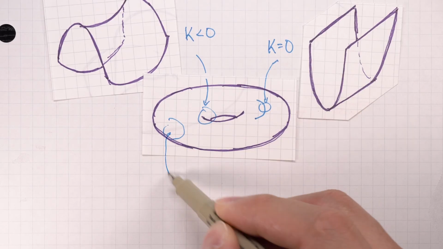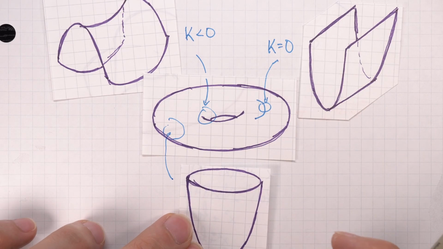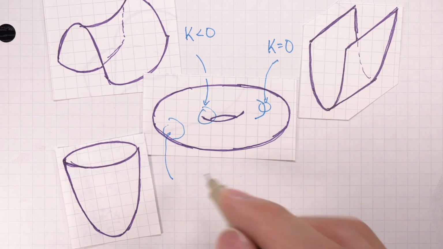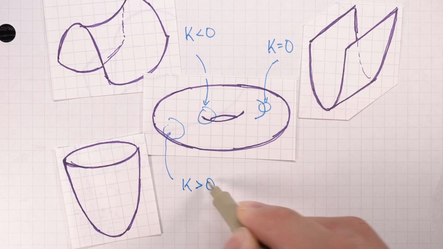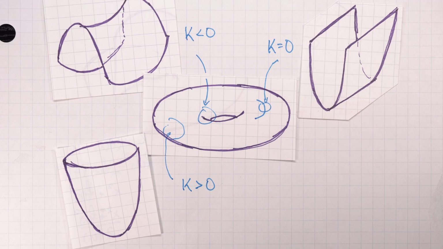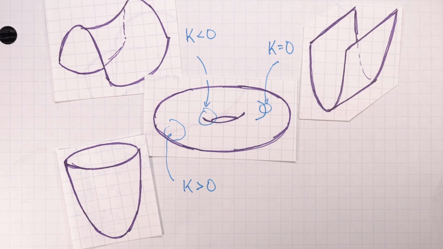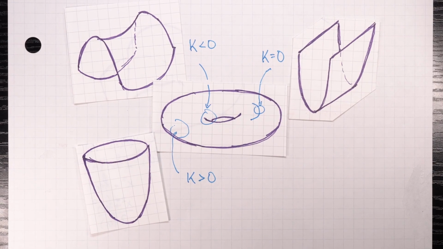Then as we move out, we get to part of the surface that's a bit bowed out. So the curvature out here is positive. So to summarize, the quadratic formula and curvature tells us a bit about whether we look like this bowl on the bottom left, or the saddle or Pringle shape on the top left.